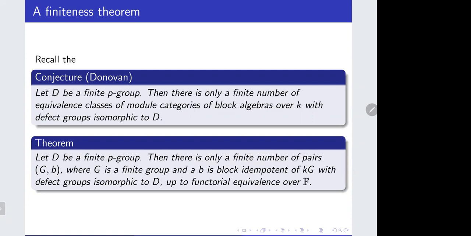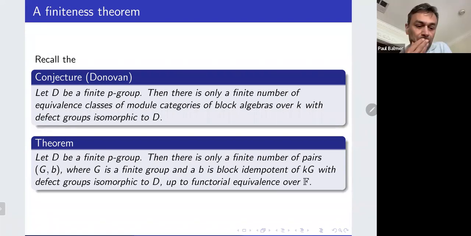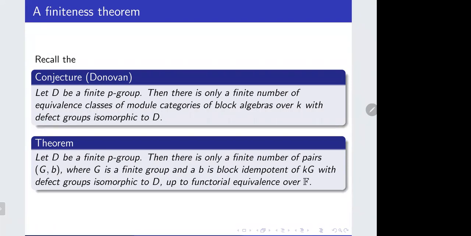So there are not, in an obvious way, functors associated between the categories of modules to such things. There are morphisms between the Grothendieck groups, if you like. But there are no genuine obvious functors induced by even p-permutation equivalence or by this functorial equivalence, actually.